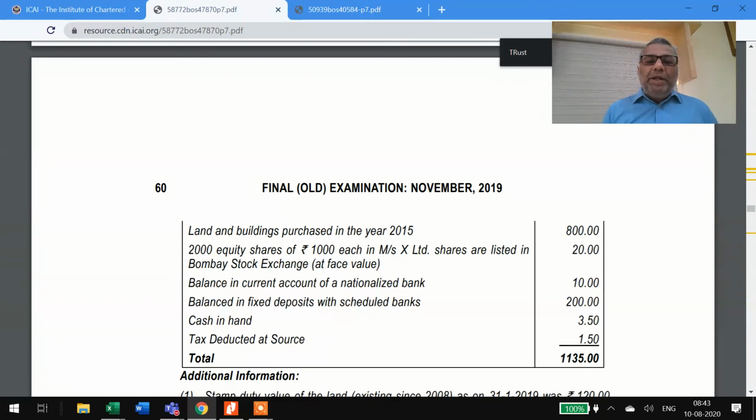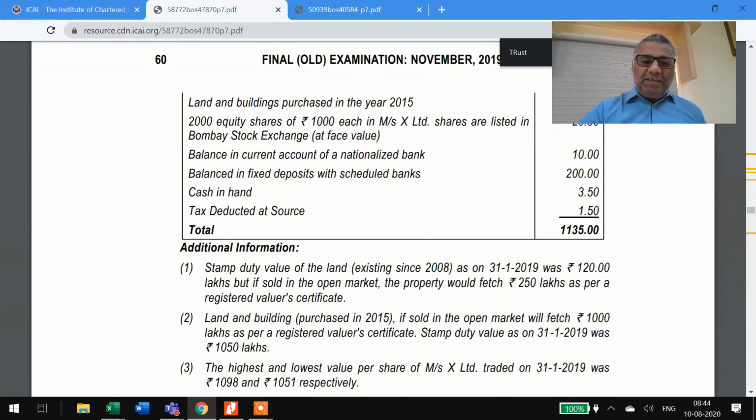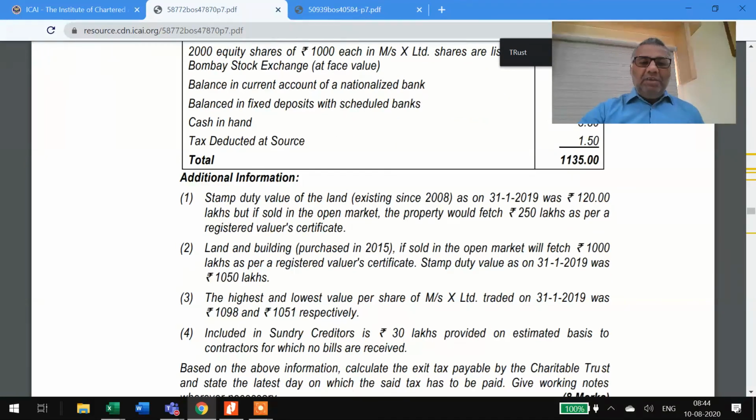2000 equity shares of rupees 1000 each in Messrs. X Limited. Shares are listed in Bombay Stock Exchange. Balance in current account, FD account, cash and TDS. Additional information: stamp value of the land existing since 2008 was 120 lakhs, but if sold in the open market will fetch 250 lakhs.